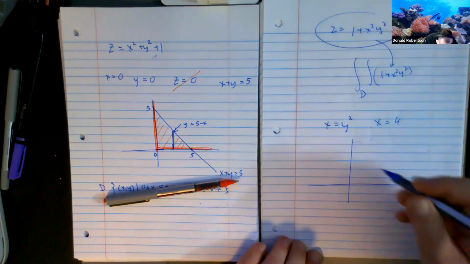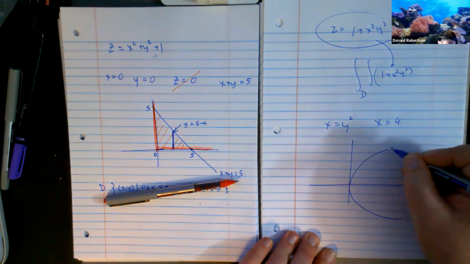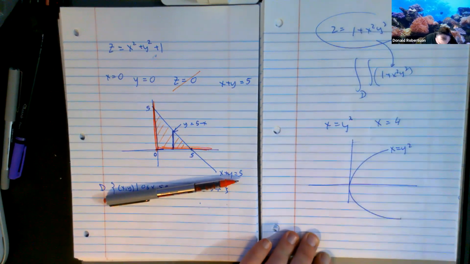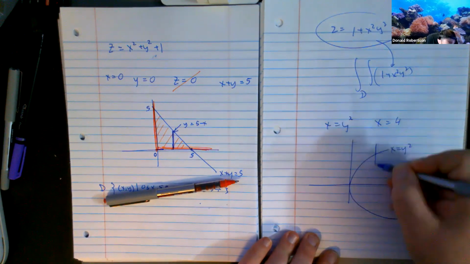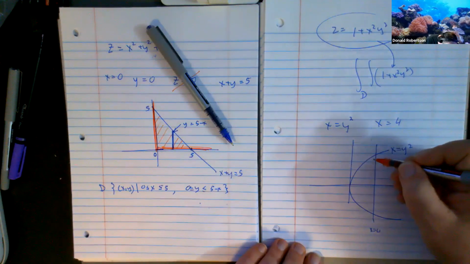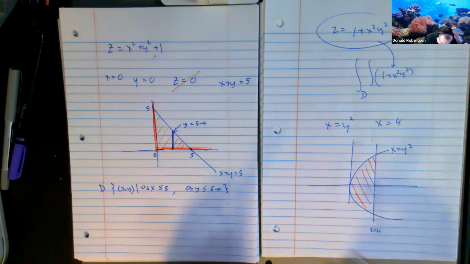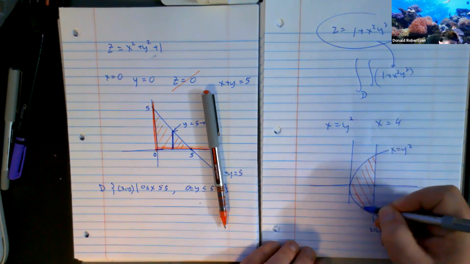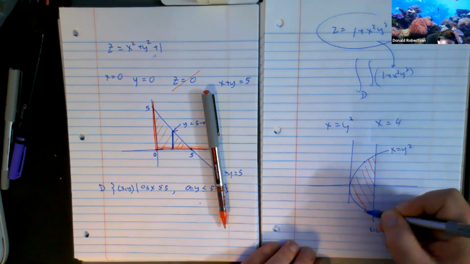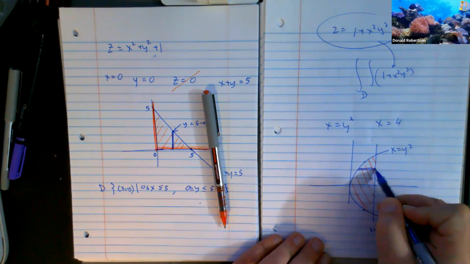Right, if you put X equals Y squared, you will get this curve. If you put X equals 4, you will get this line. So this is the region we're interested in. Now, in this question, vertical's no good because I'm going from the curve to the same curve. Bad idea. Horizontal is going to work.